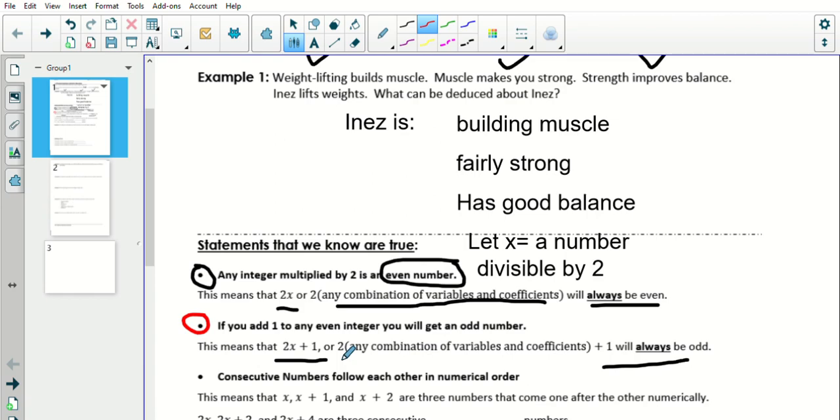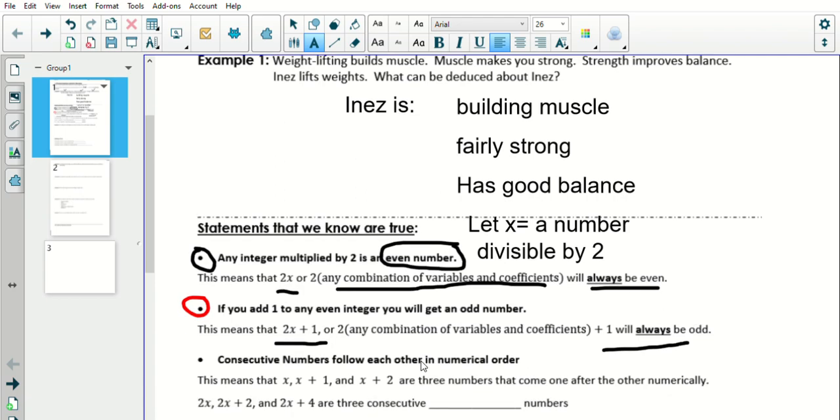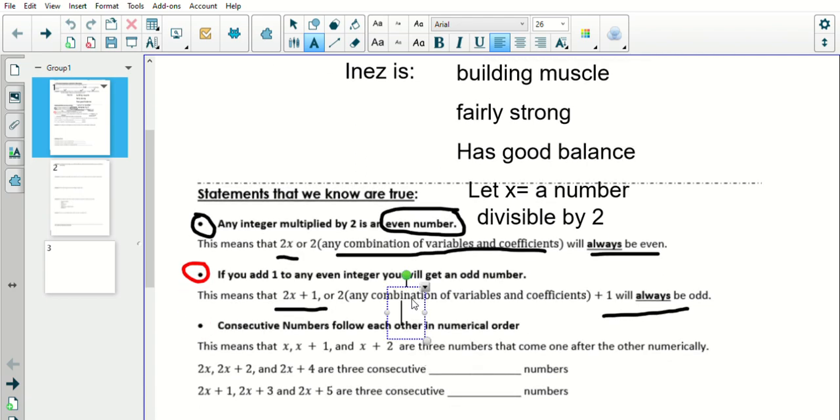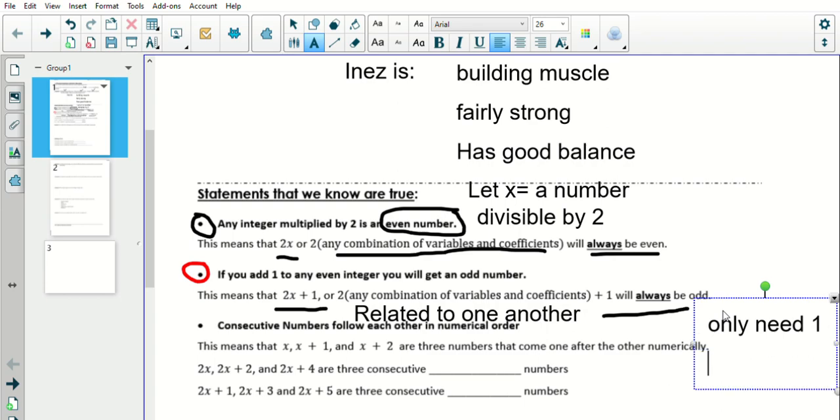Those are all examples of consecutive numbers. And because consecutive numbers are related to one another, connected by a common thread, in effect we only need one variable.